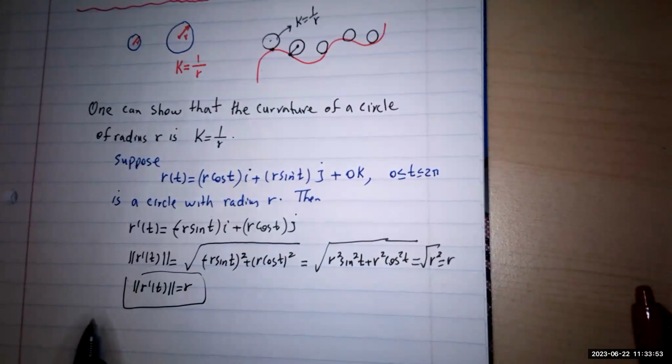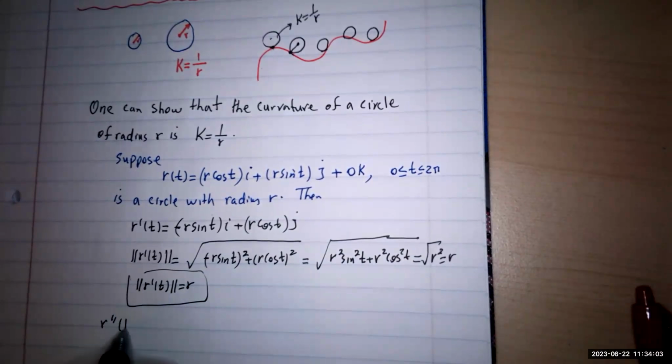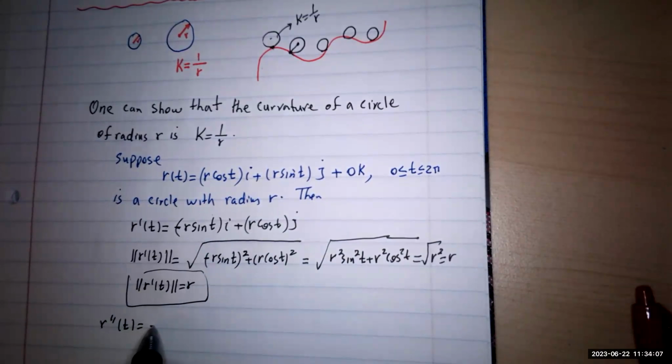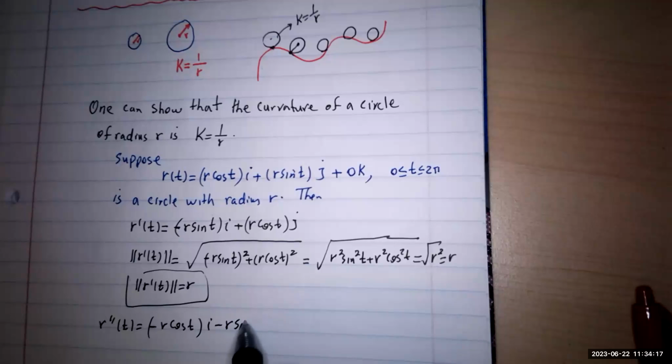Then you can find r double prime and get those numbers. So r double prime of t, you differentiate this one, and that gives negative r cosine of t times i, and minus r sine of t times j.